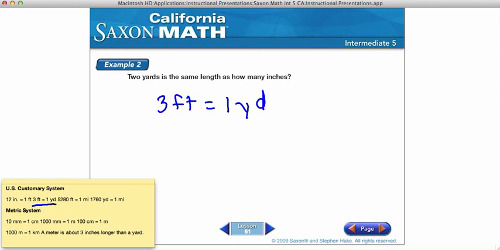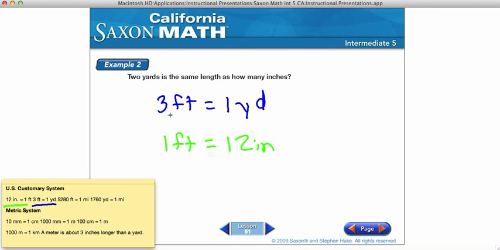But that doesn't tell me how many inches I have. So if I look again, I see that there are 12 inches in 1 foot. So 1 foot equals 12 inches.